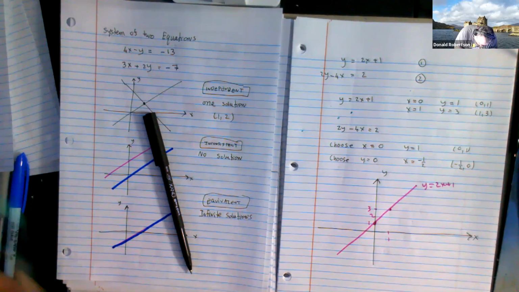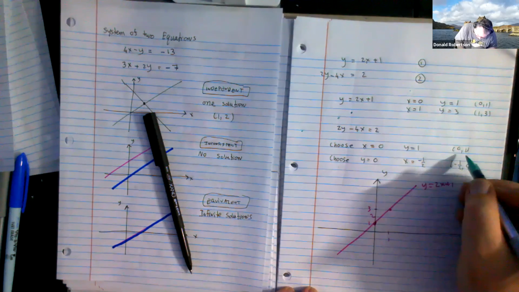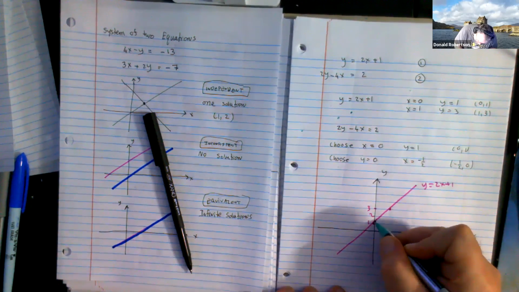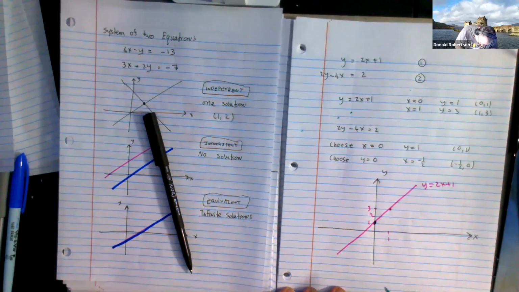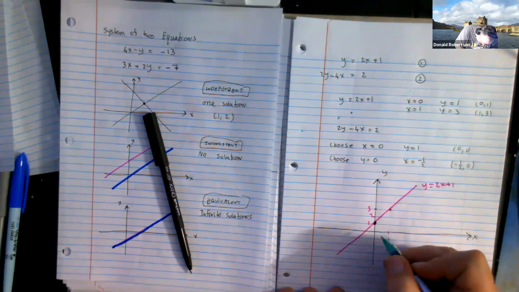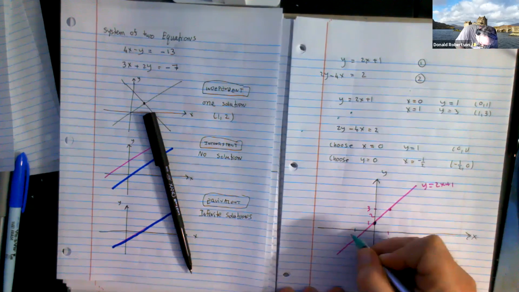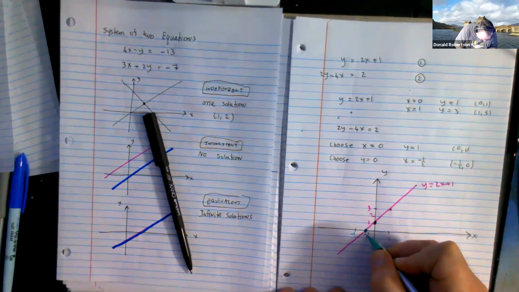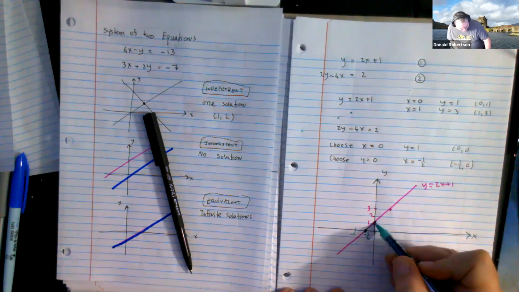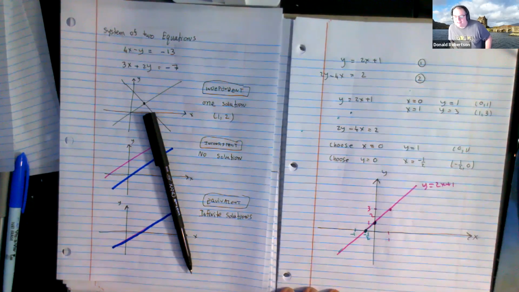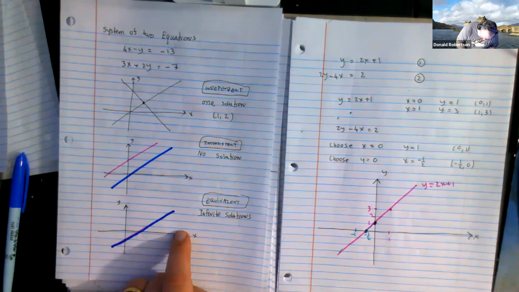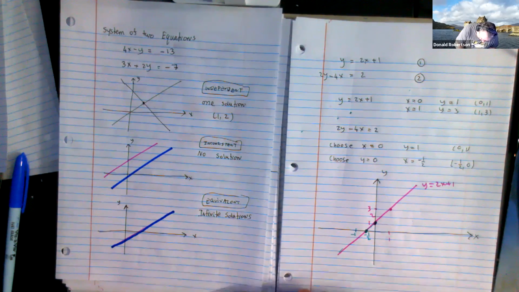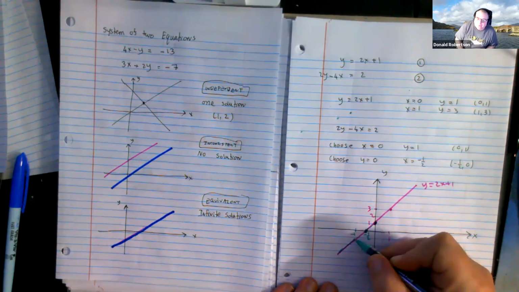If I do 0, 1, which is there, and I do negative a half, 0, you're going to have to trust me, but negative a half, 0 is here. Can you see that it's the same line? Can you see that both these lines are actually the same line?